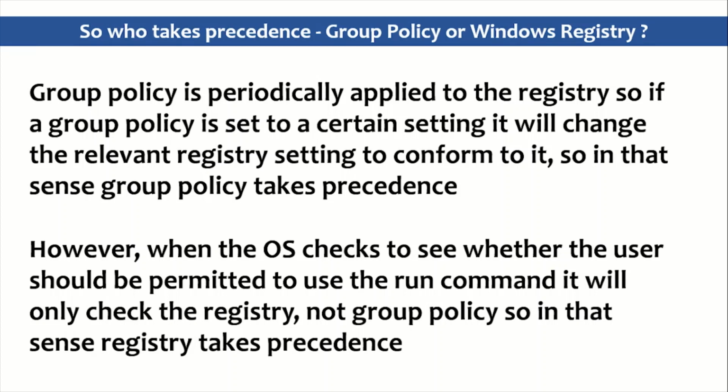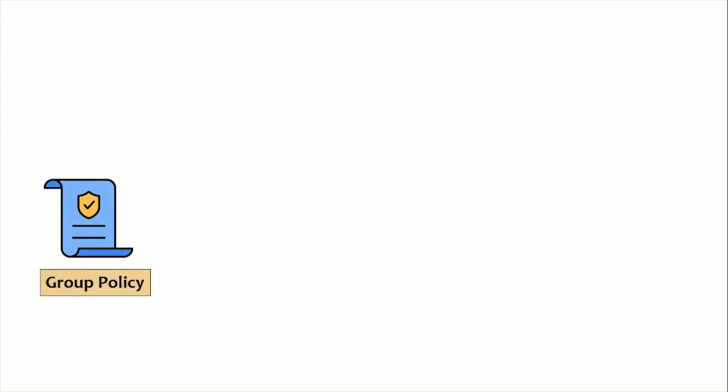So in that manner you can say registry takes the precedence. Group policy will change the registry and the operating system will read the registry and behave accordingly. It's somewhat like this: we, the administrators, will create a group policy and make some changes in the settings.